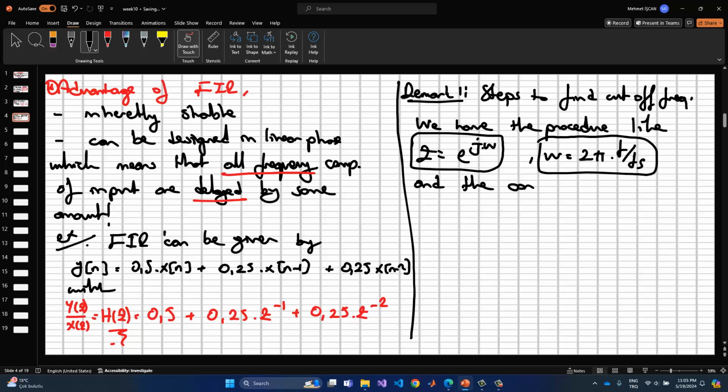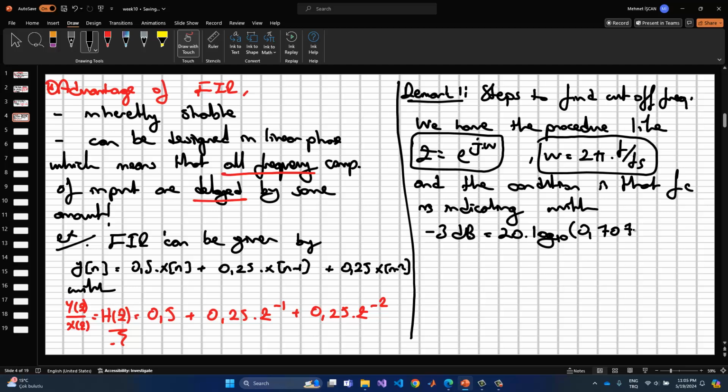The condition is that fc, the cutoff frequency, is indicated by minus 3 decibels, which equals 20 log10 of 0.707, at half of the power.